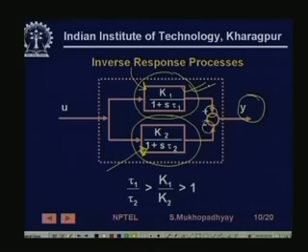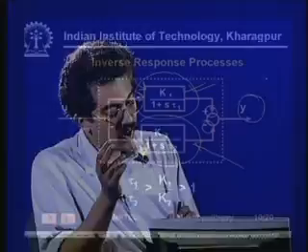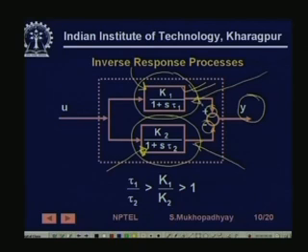So, when you have such a situation, then obviously in the short term you will get an effect which will come according to this one, and in the long term you will get an effect which will come according to this one, and they are opposing.